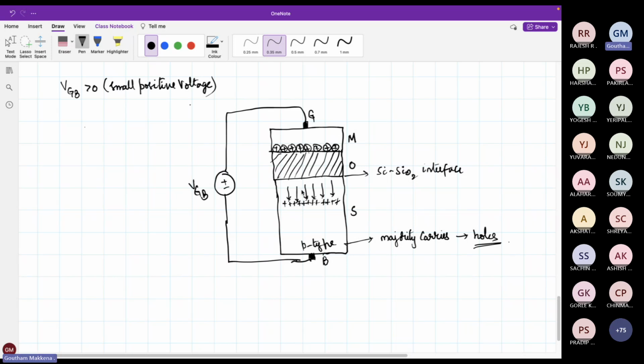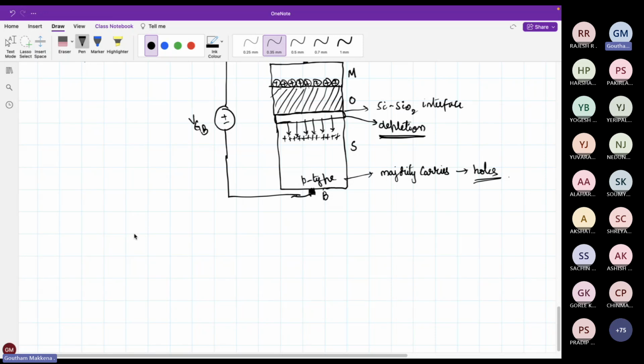Okay, so what happens is because it is repelled, this interface is devoid of any charges. So this condition is called depletion. Okay, right. So what happens if I increase VGB more?